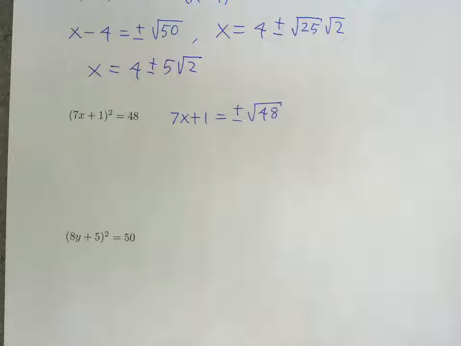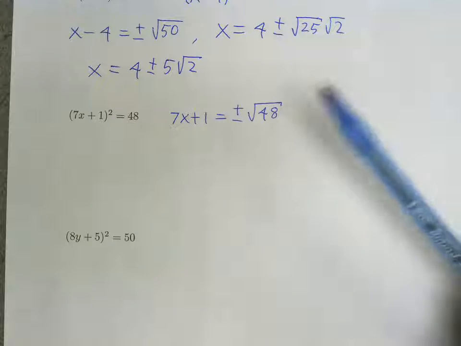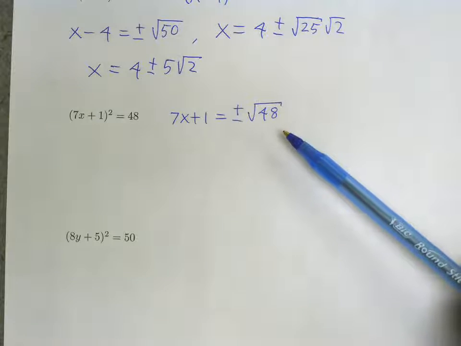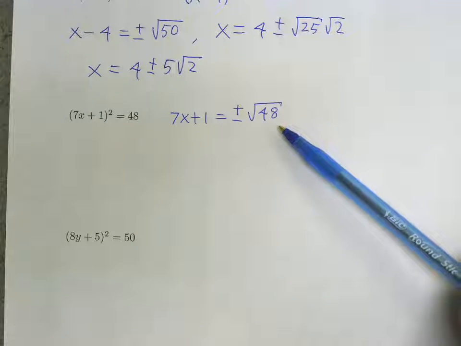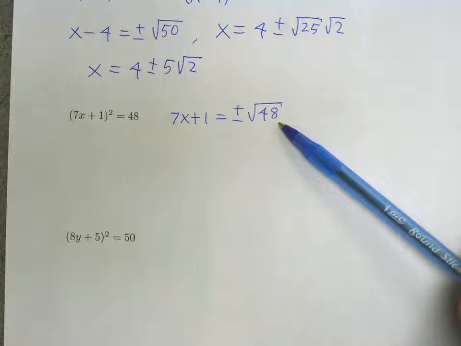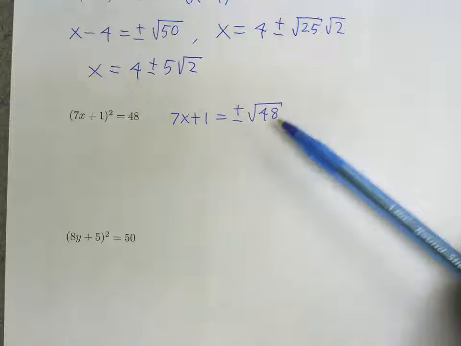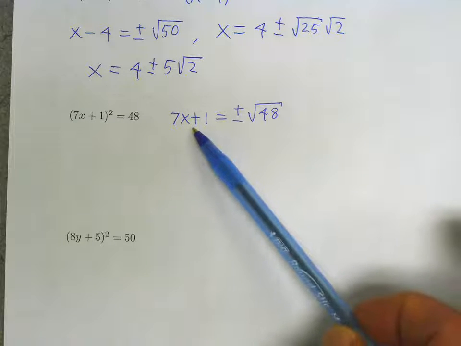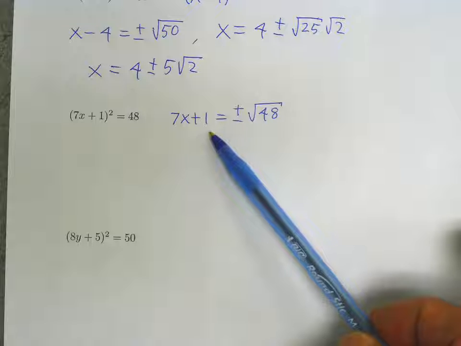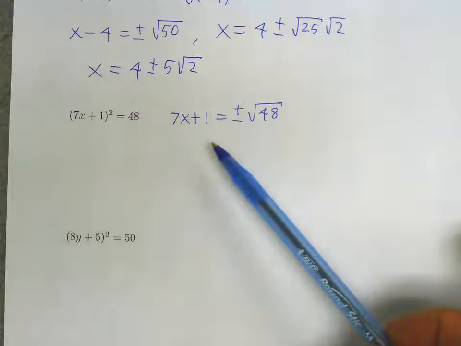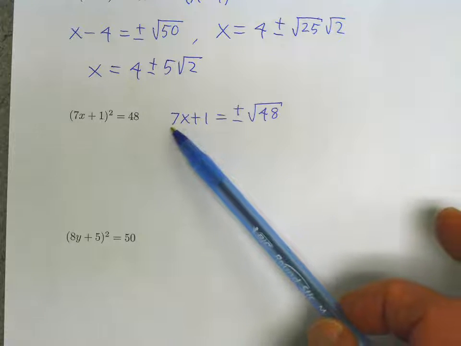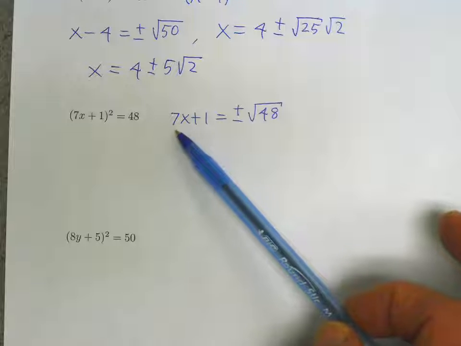Okay, so to complete this, there are essentially 3 steps left. We simplify the square root of 48. We also have to subtract 1 from both sides. And then afterwards, the final thing to do will be to divide every term on both sides by 7.